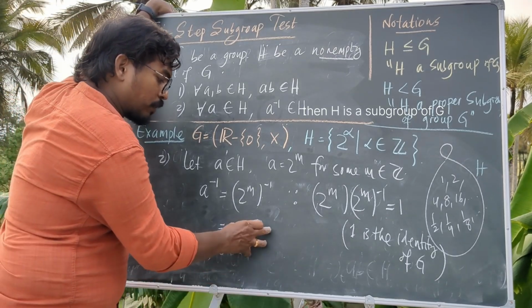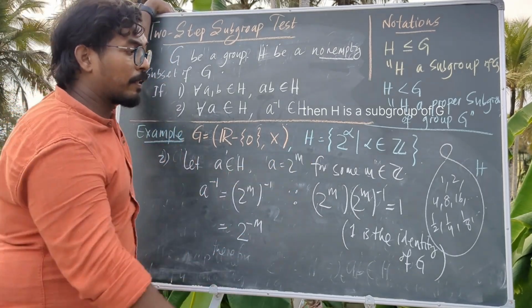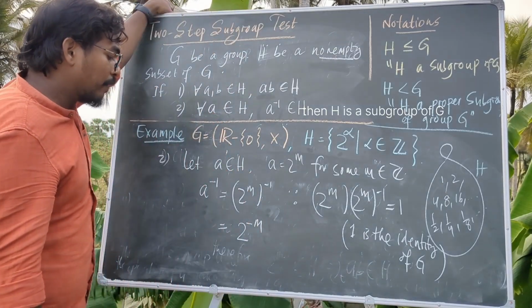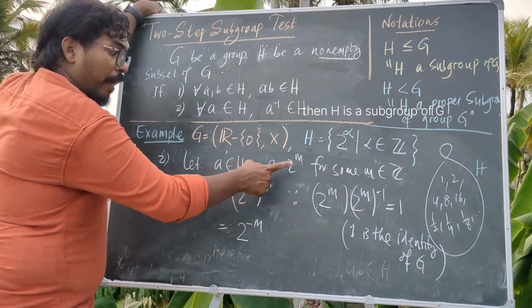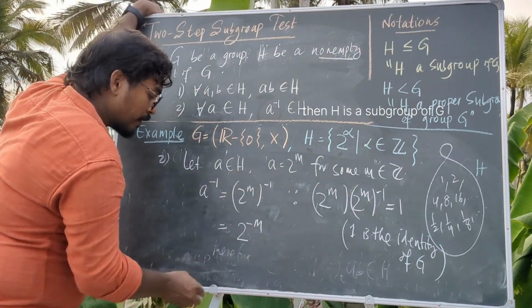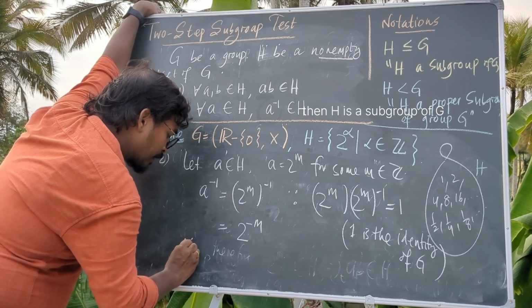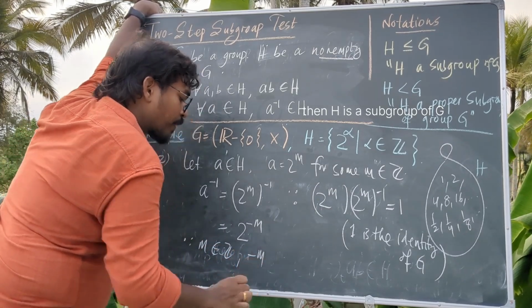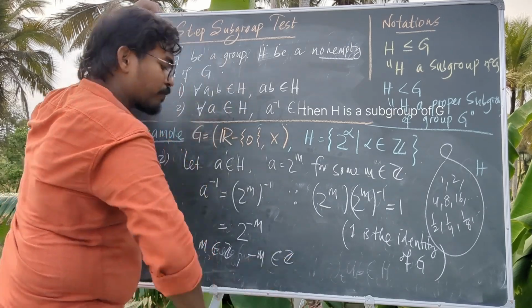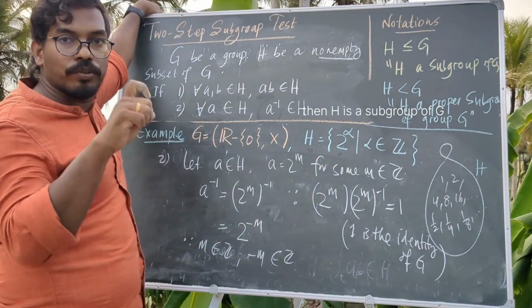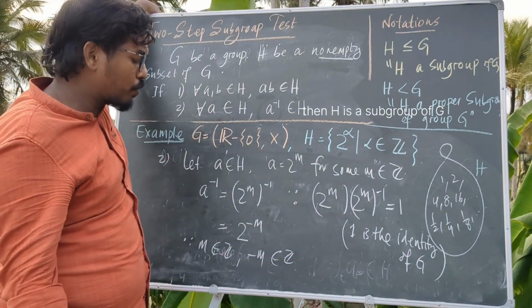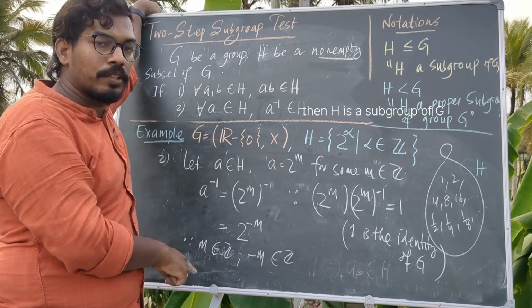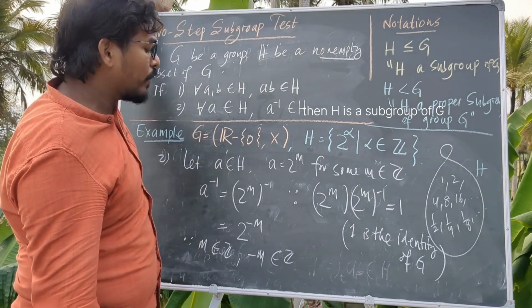We have to show this one also belongs to the subset H, and we have m is an integer. Since m belongs to the set of integers, its negative also belongs to the set of integers. If 1 belongs to the set of integers, its negative minus 1 is also an integer. If m is an integer, its negative minus m is also an integer.